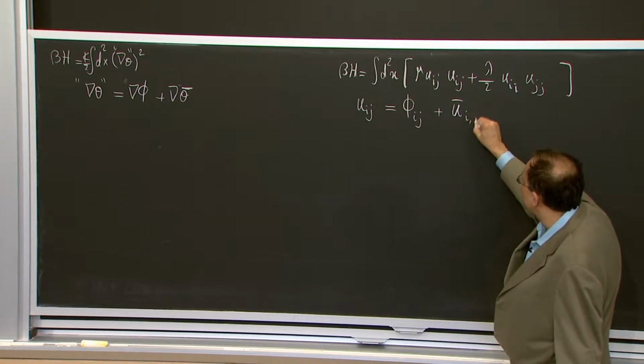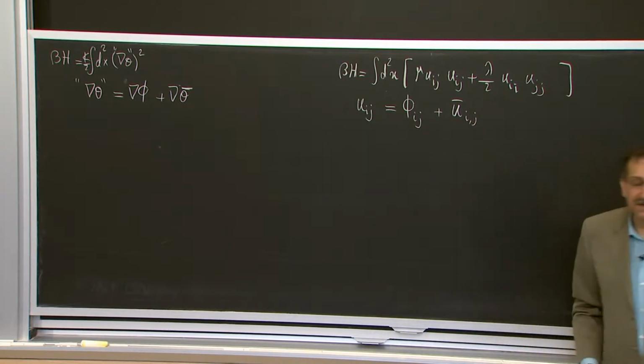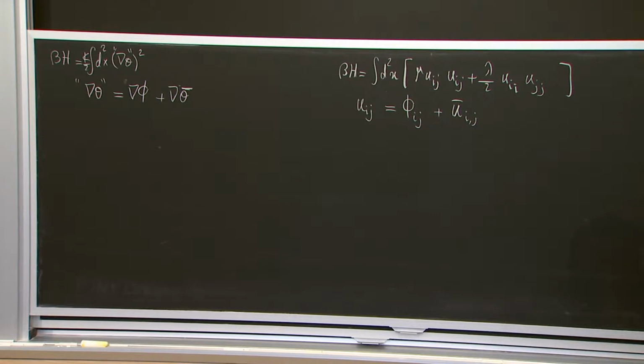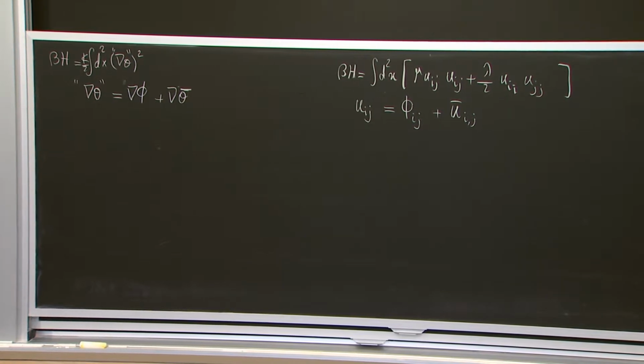So I take that distortion field and then take derivatives of it to symmetrize appropriately to construct a strain that comes from them. Okay?